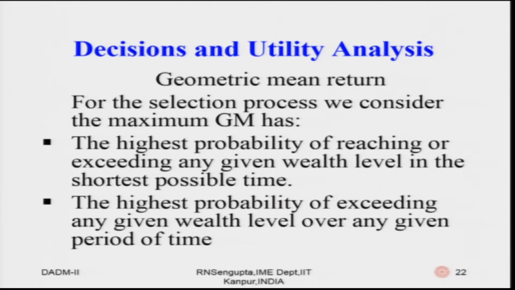So, in one case the time is fixed and you want to find the highest probability, and in another case the time may not be fixed, still we want to find the so called expected value based on the fact that the values are the same, but the probabilities should be as high as possible. I will come to that concept when we solve very simple problems.